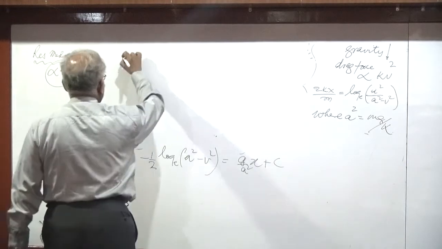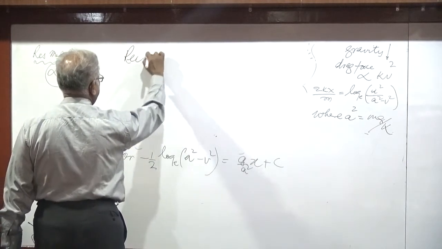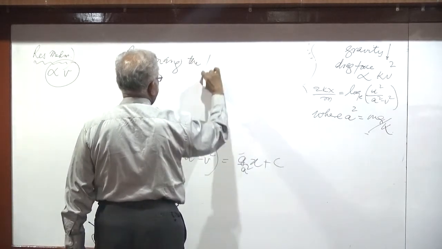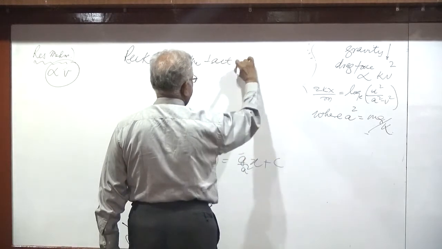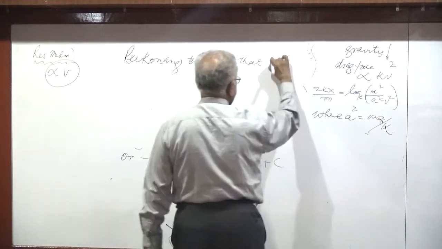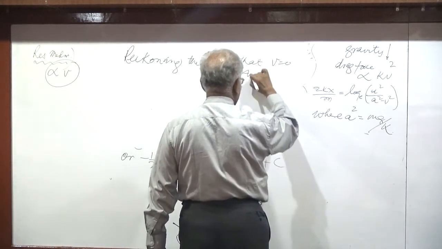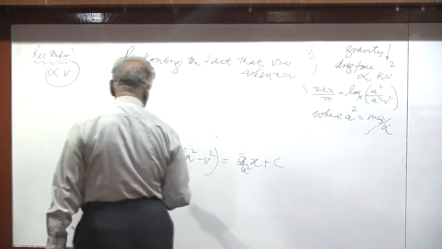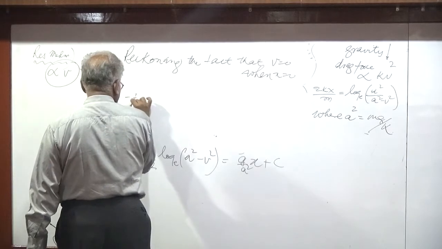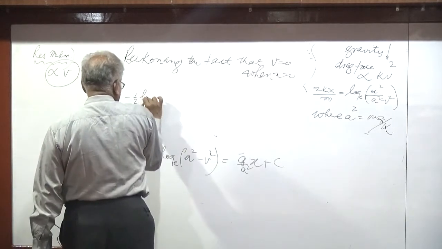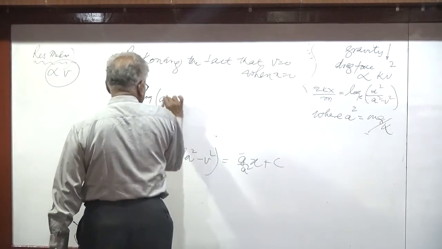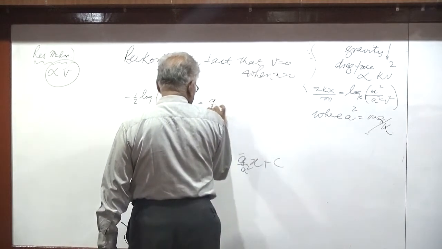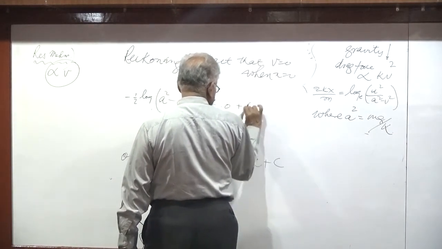So we write, realizing the fact that v is equal to 0 when x is equal to 0, we substitute those values and get minus half log a square minus 0 square is equal to g by a square into 0 plus c.